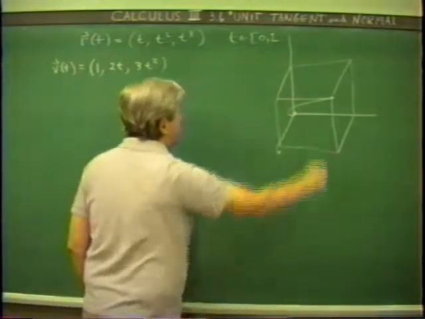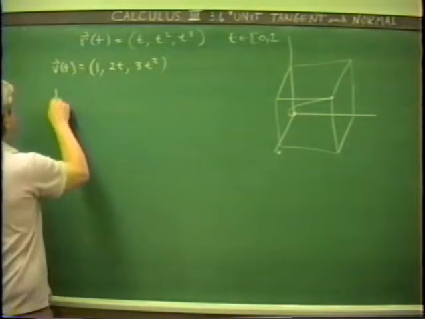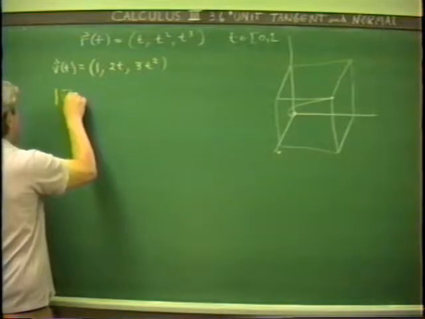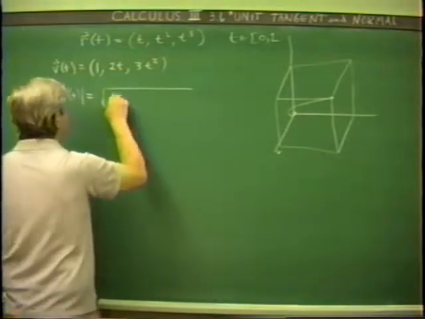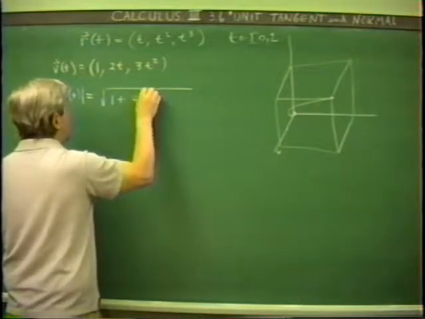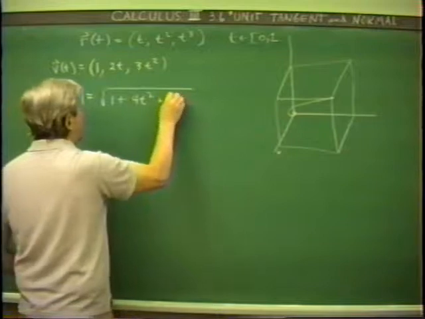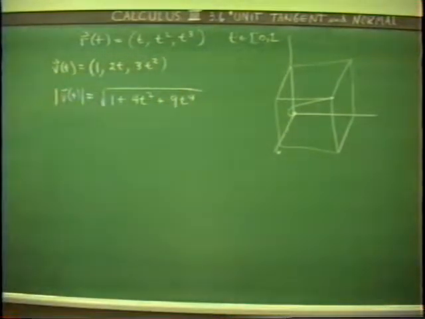That's to say that when t is equal to 0, the velocity vector is 1 in the x direction, but 0 in both y and z. So the picture can be drawn something like this. The magnitude of v(t) is equal to the square root of 1 plus 4t squared plus 9t to the fourth.